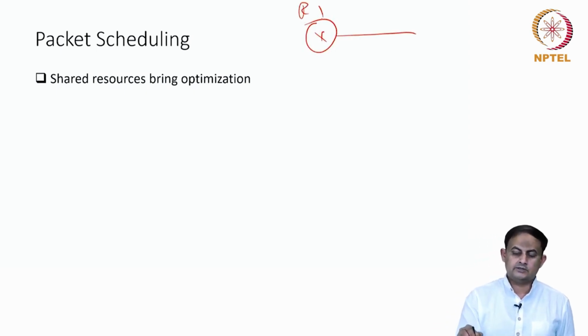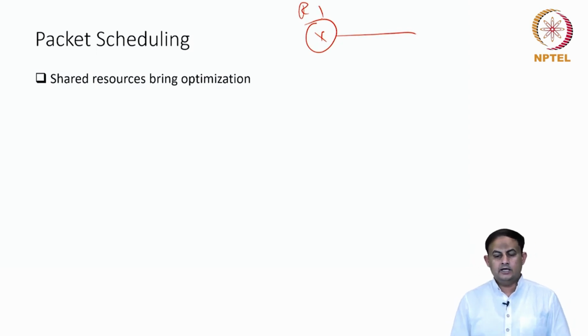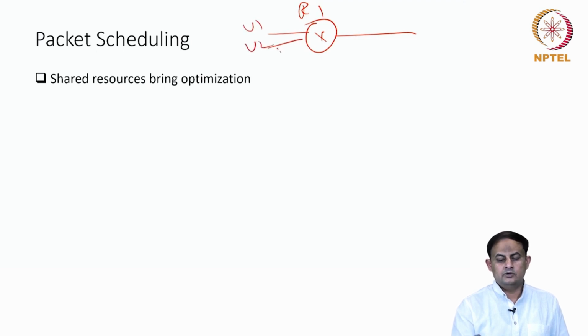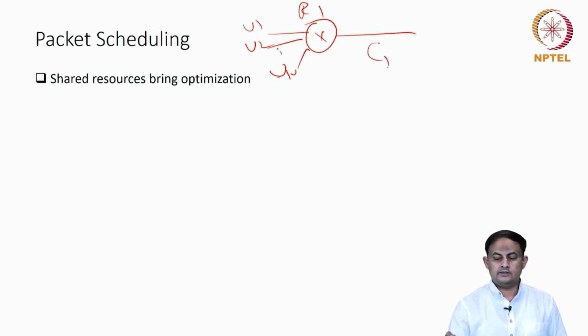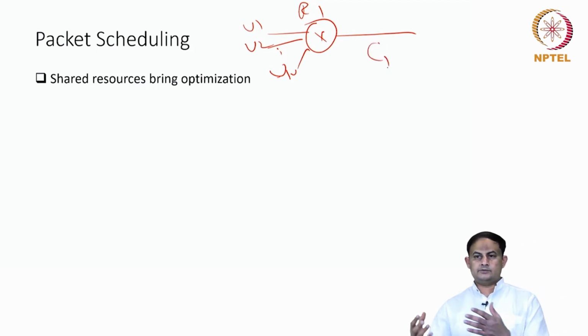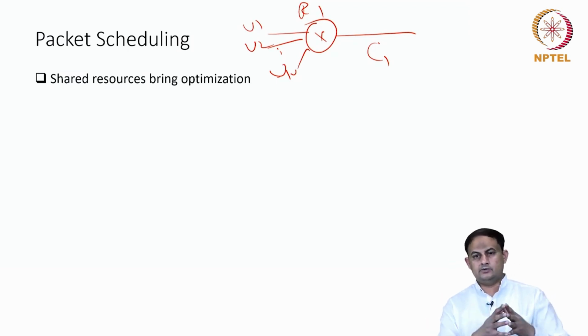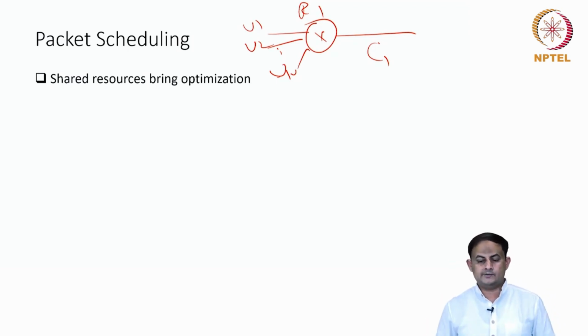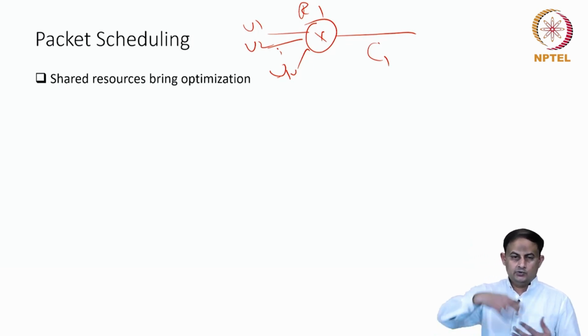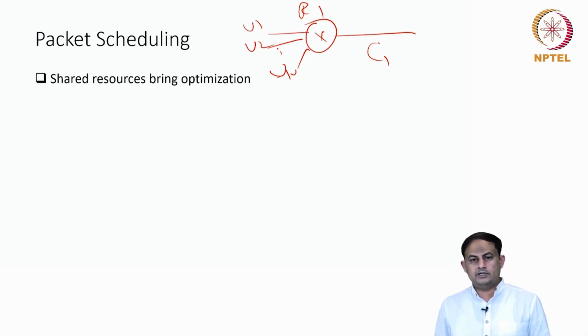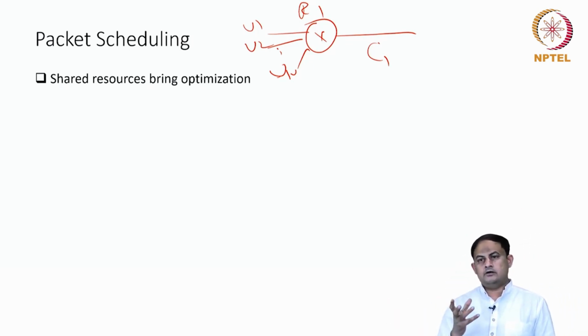So here is a picture. Let's assume there is a router R1 that is receiving traffic from user U1, user U2 and so on, up to user U10, and there is a capacity C available. C corresponds to the network bandwidth. The outgoing link connected to the router R1 has a finite capacity C, and these users U1 to U10 are transmitting in parallel and sharing the same capacity link.